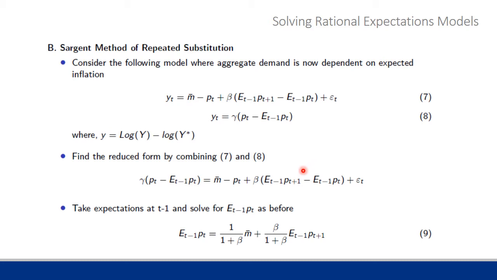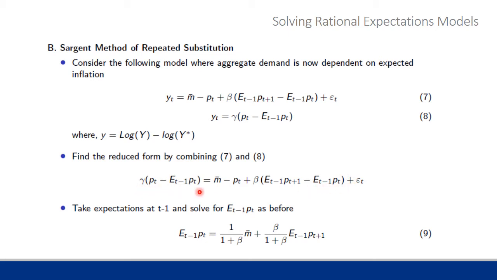So there's the reduced form as before, and just as before, we take expectations. Taking expectations, EPT minus EPT equals E of M bar minus EPT plus beta EPT plus 1 minus EPT plus the expectation of the shock.